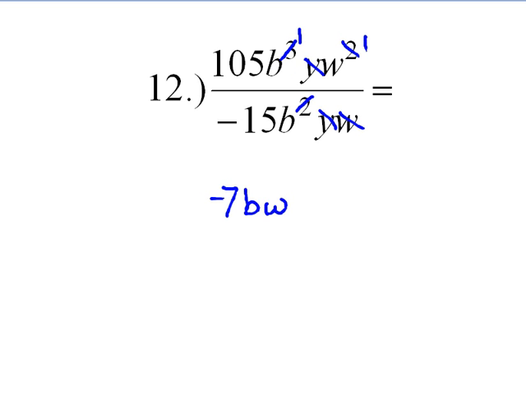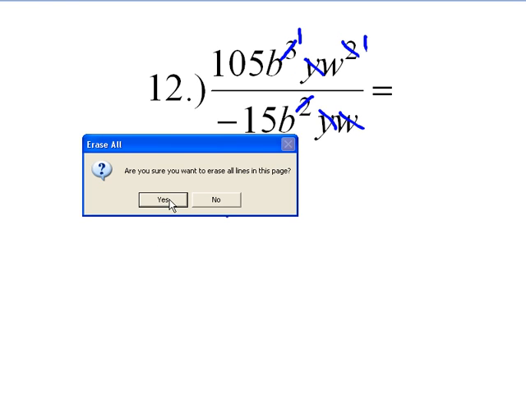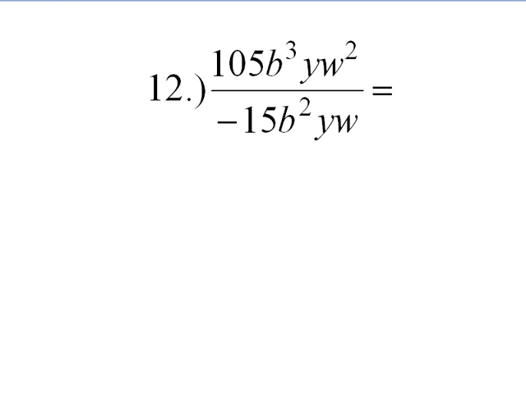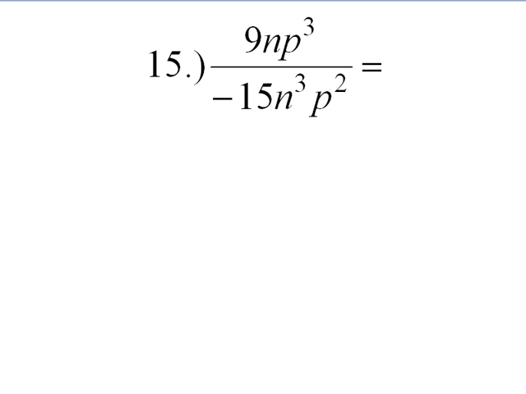Let's try another one. Okay, we have 9 and negative 15. I think we can simplify that as 3 over negative 5. It doesn't matter where we put that negative sign, whether in the bottom or the top. We're used to seeing it in the top, so that's where we'll put it.